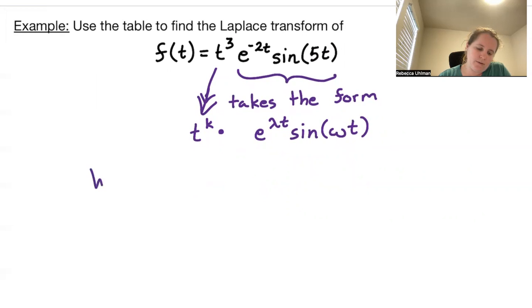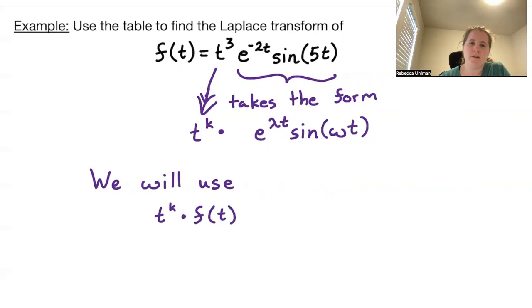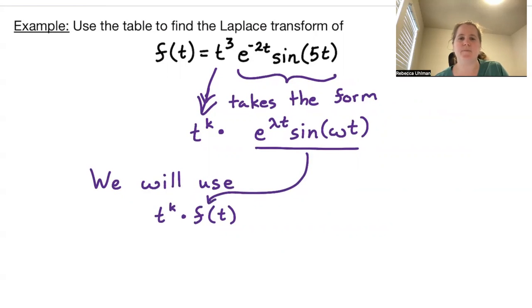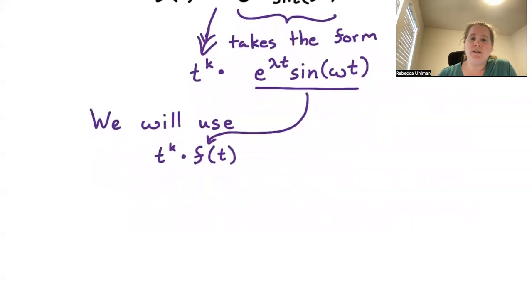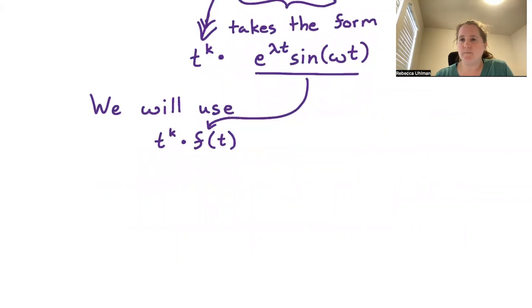So we will use t to the k times f of t, where we will take our e to the lambda t sine omega t as our f of t then. So this will take a few layers. Let's go ahead and find the relevant information in our table.